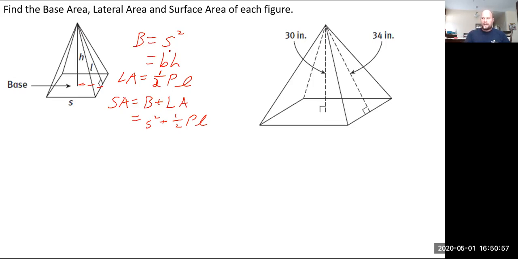For base area, we don't have any of the bases. However, we do have the height, we do have the slant height, so I can connect them. And when I connect them here, I make a right triangle. And since I have a right triangle, I can use Pythagorean theorem to solve for the missing side of a right triangle. Because I have 2 out of the 3 sides of the right triangle. Again, if I know my triples, we don't even have to use Pythagorean theorem. There is a triple that uses 30 and 34.